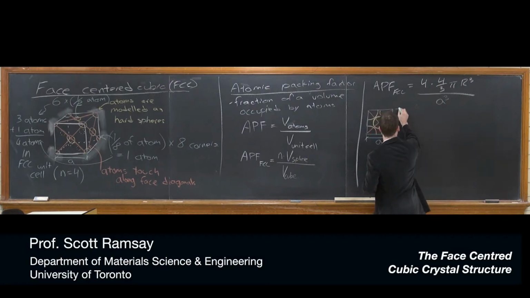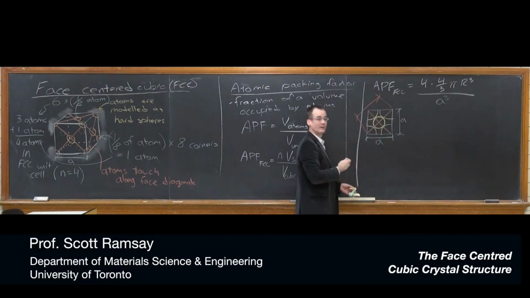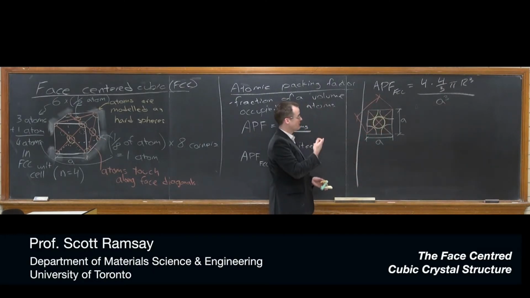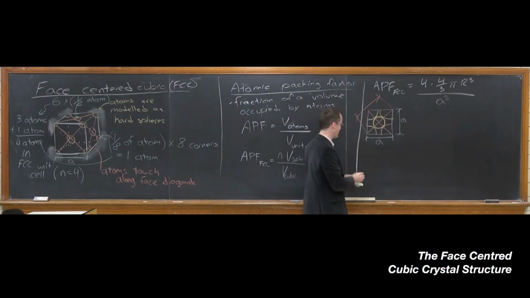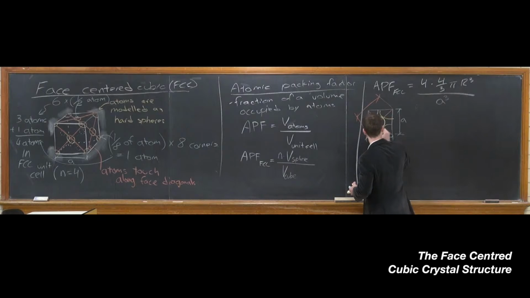We've got A, and then this distance right here across the face diagonal, you can clearly see now in terms of the atomic radius, because we've got one radius, two radii here in the middle, and then one in the corner.